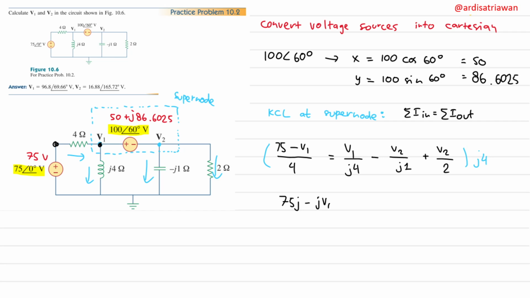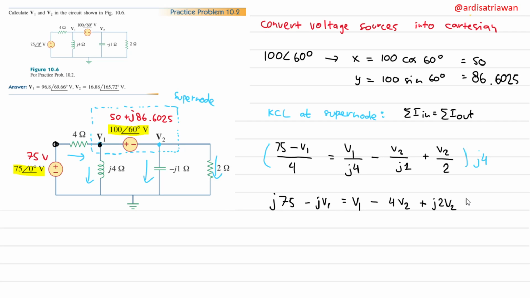And this j4 will cancel with this, so I will have only V1. Then here j1 and j4 will cancel into 4, so we'll have minus 4V2, right? And then for this one, this will cancel into j2, so I will have plus j2.